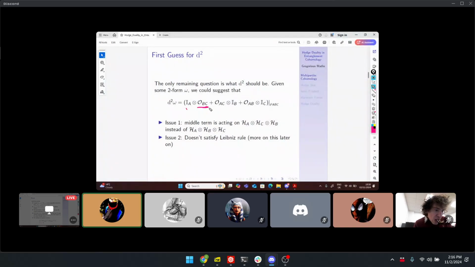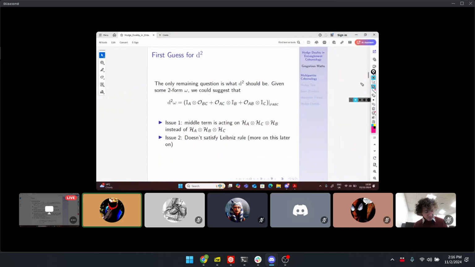We take our operator acting on BC, and we just times it by the identity on A. We take our operator acting on AC and times it by the identity on B. And we take the operator on AB and times it by the identity on C. And here we should end up with something acting on ABC, and then we just restrict it to row ABC, and there we go, we're done.